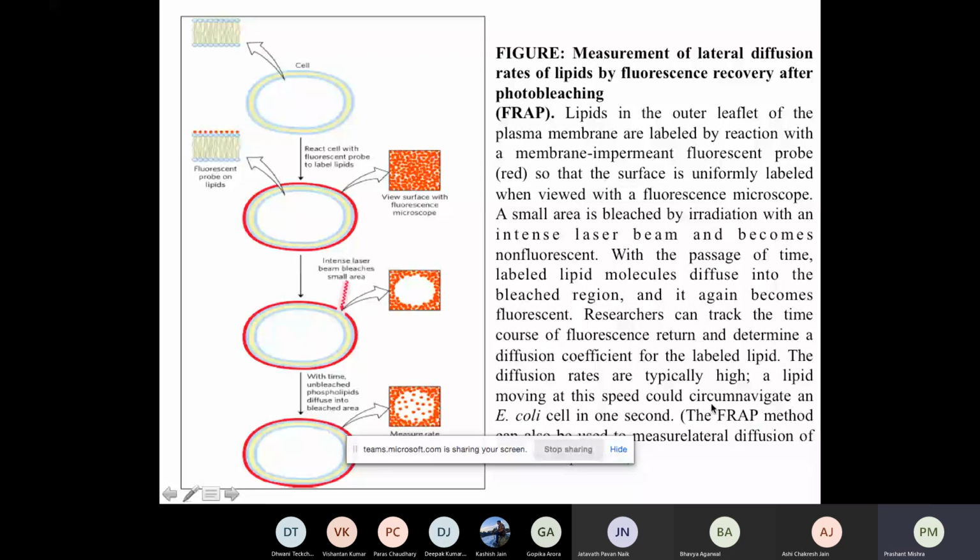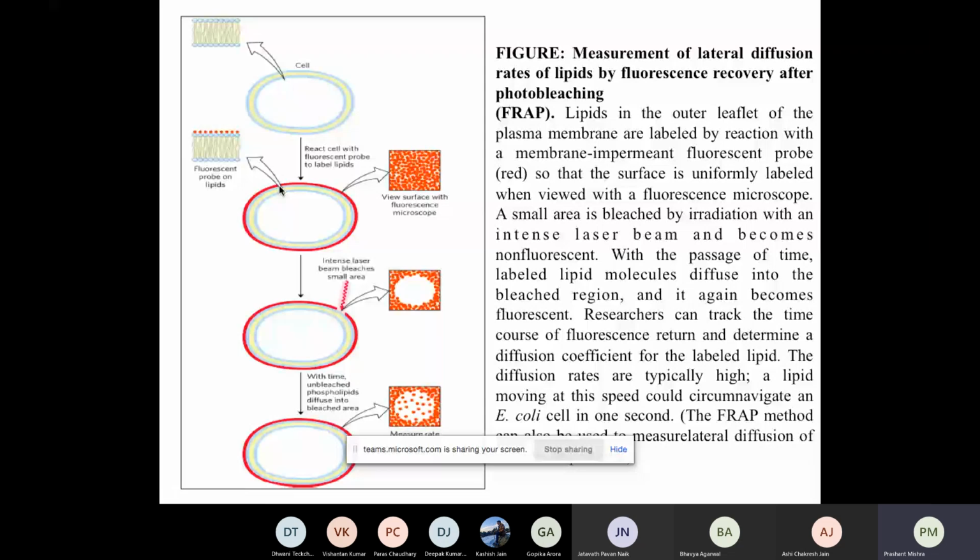So suppose you have a lipid which is present at some point here. What time do you expect that the same lipid should come back after moving to this place? Suppose I have a cell of E. coli. Normally, it takes a second.